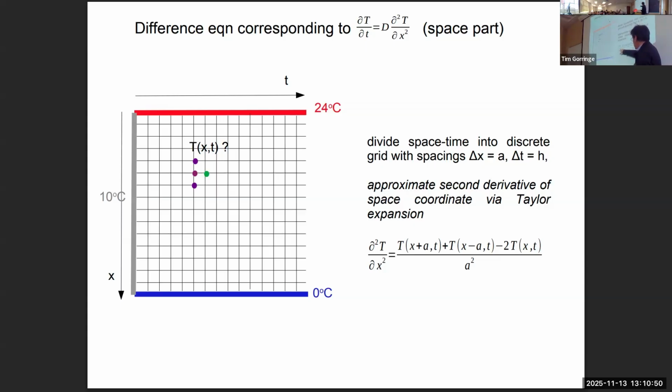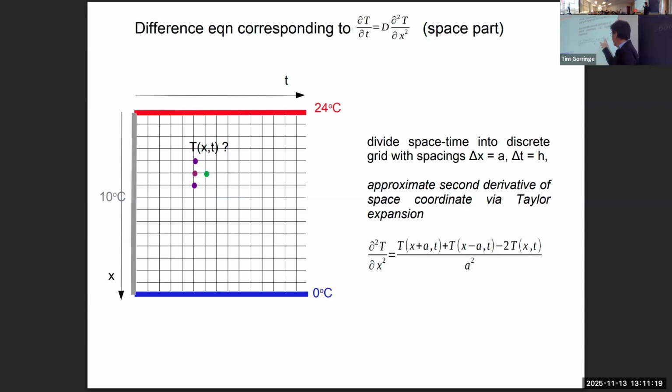So we're going to equate this with the first order differential with respect to time. Look, it's sampling the function, the temperature, at position x, at position x plus a, and at position x minus a. Those are the 3 points that we're looking at the temperature gradient of. With those 3 points, we're figuring out whether there's a curvature or not to the temperature.